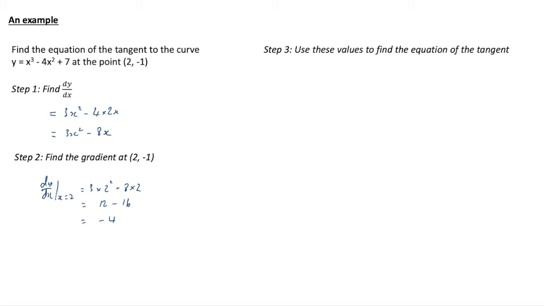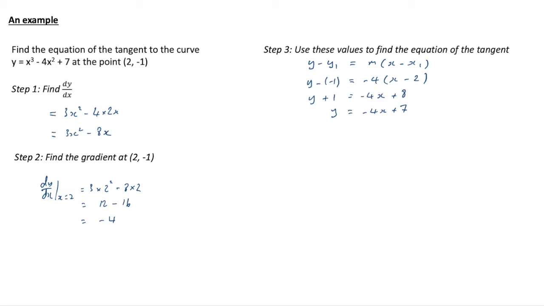Step 3, we use these values to find the equation of the tangent. So, we have y minus y1 equals m(x minus x1). Since y1 is minus 1, we have y take away minus 1. m is our gradient, the dy/dx when x is 2 that we've just calculated, so that's our minus 4.